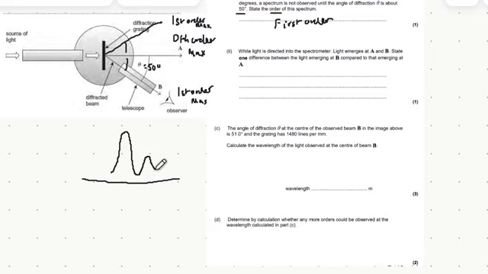The maximum intensity reached will get smaller and smaller as you go up the orders of maximum. If this is 0th order, this would be the first, this would be the second, and so on. So we say light at B would be less intense than light at A because it's the first order maximum compared to the 0th order.